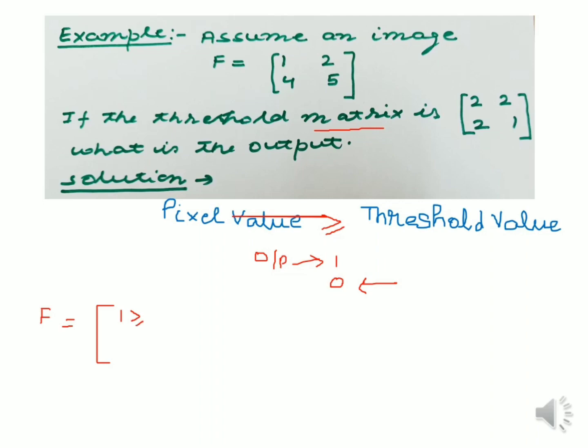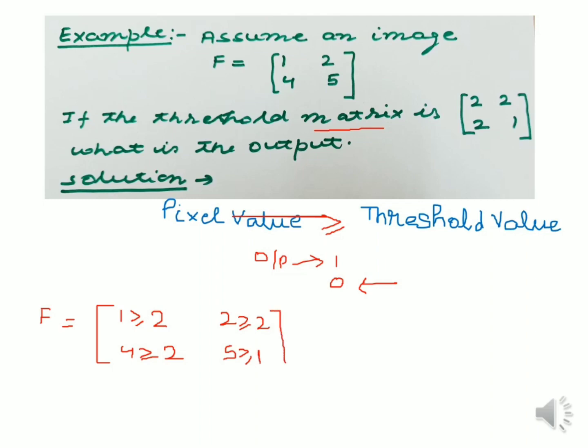Just to represent it so that we can write down the final expression clearly, this component is 4, and the threshold value from the matrix is 2. This particular component is 5, and from the threshold matrix you can see its value is 1.